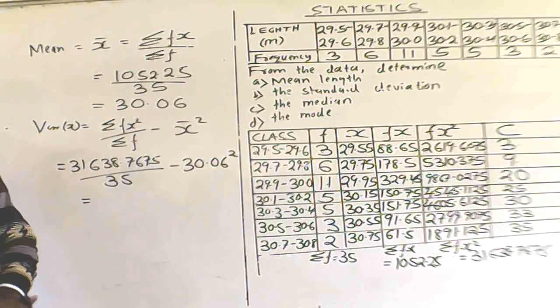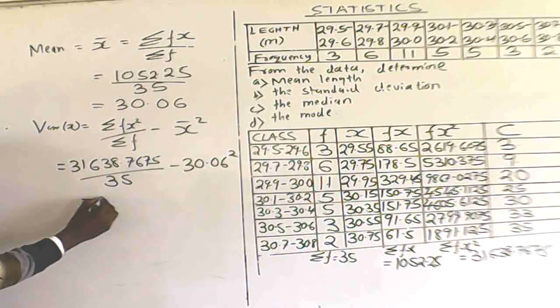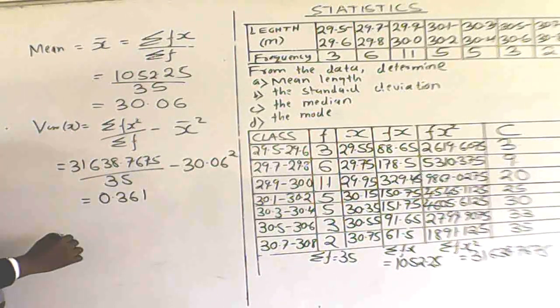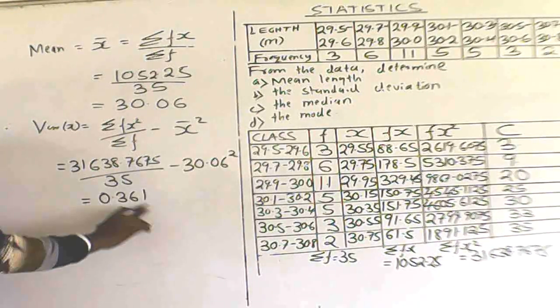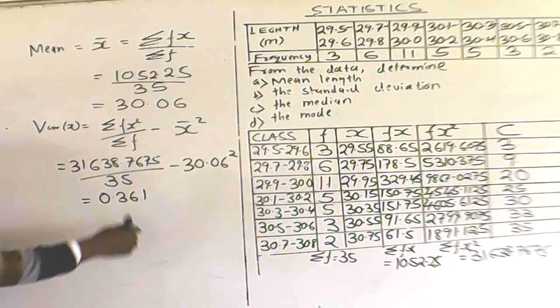The variance of x is 0.361, just like that. Are we together? You have 0.3611857.